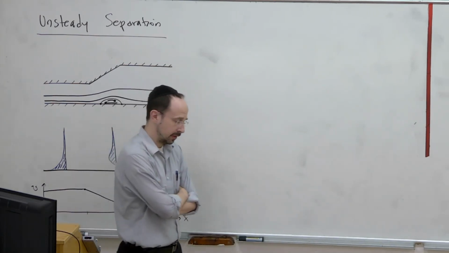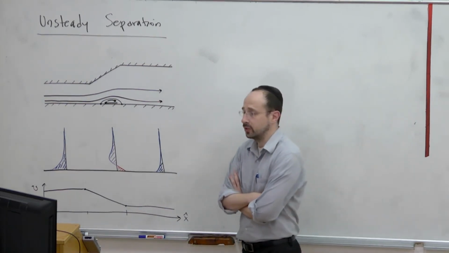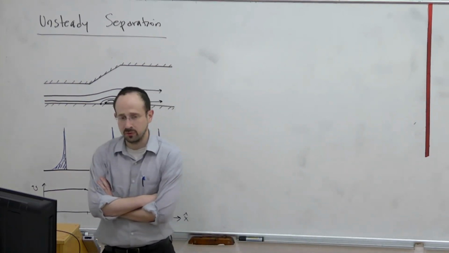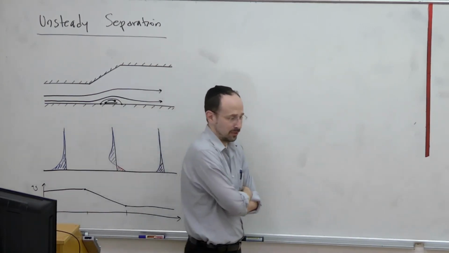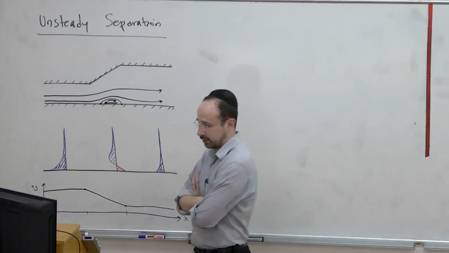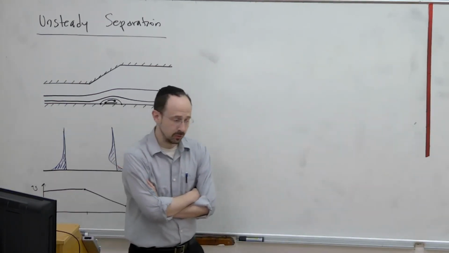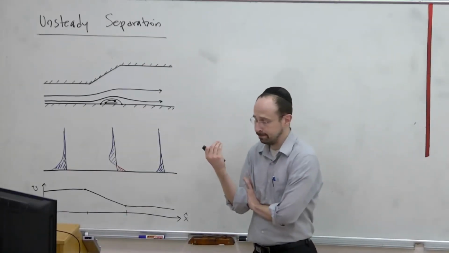And we said that there are two basic physical processes that are involved in causing separation. And therefore, if you want to modify the separation, it's those same two physical processes that should be at hand. One of them is the advection of vorticity: you get separation when you have an excess of vorticity being advected downstream.